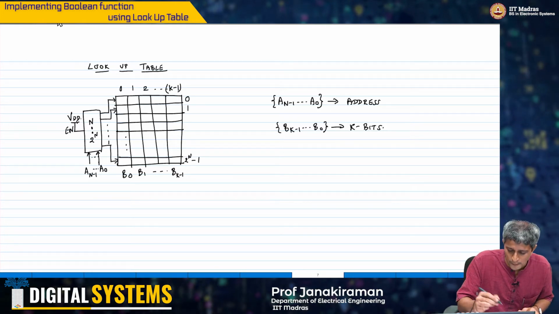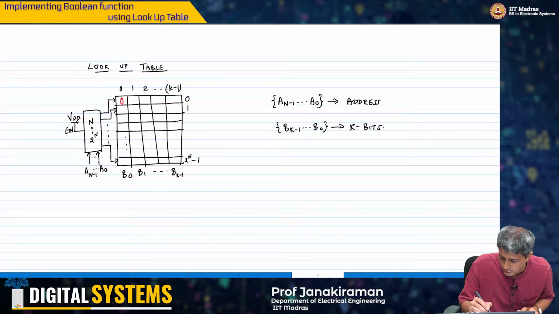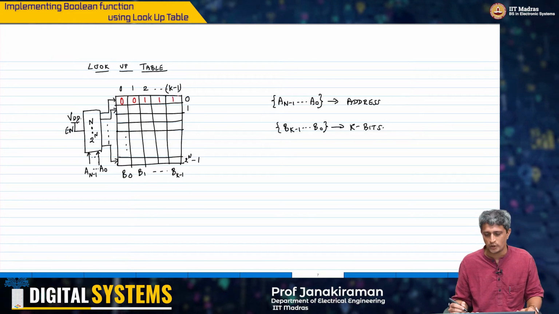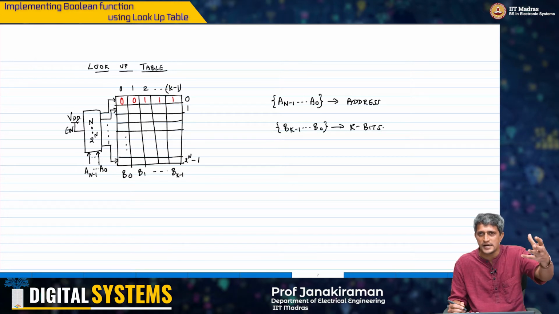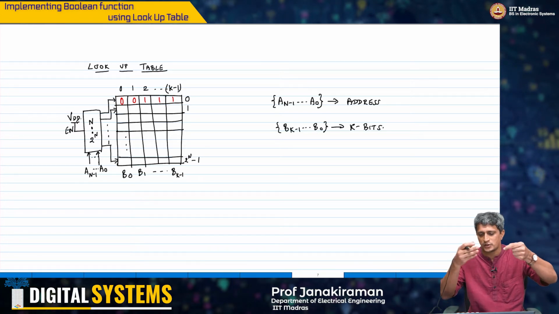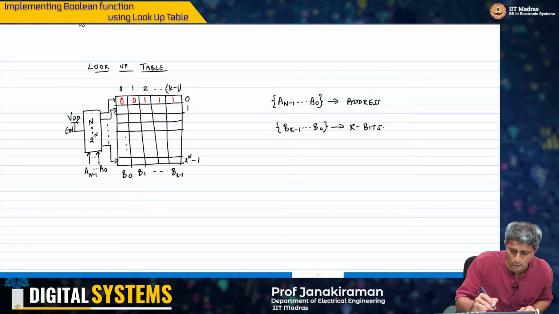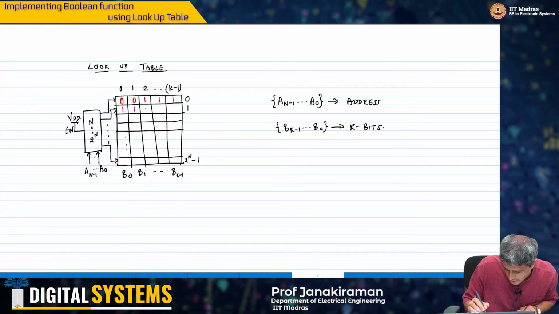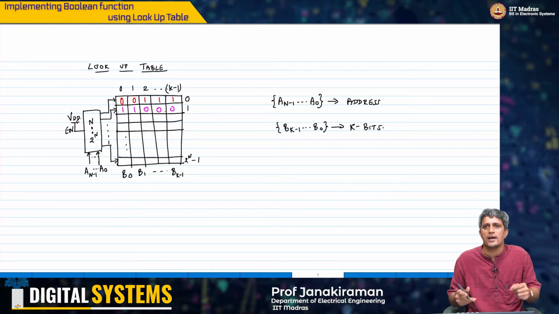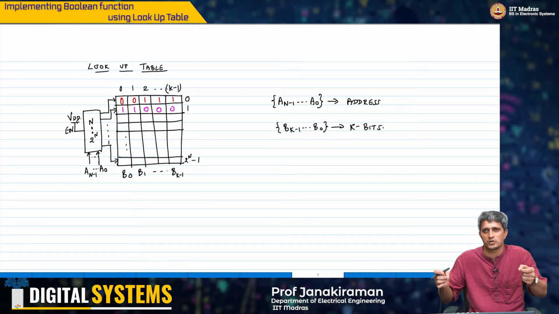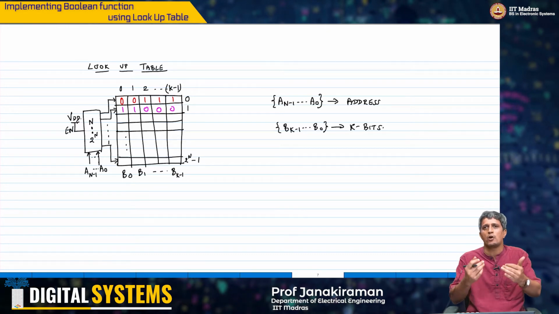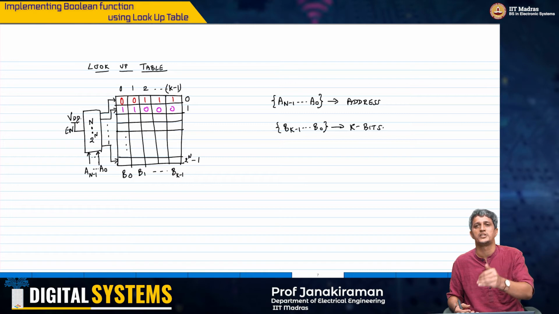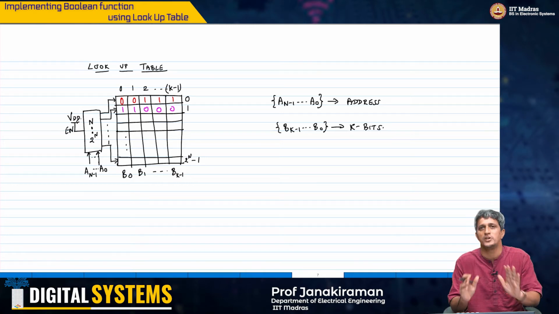For example, if my address was 000 and the data stored in this memory is like this, then when I give the address 000 and say read, 000111 will be read out. On the other hand, if I gave an address sequence with A0 being equal to 1, only that bit being 1, then I would read out the magenta value, 11000, from this memory.